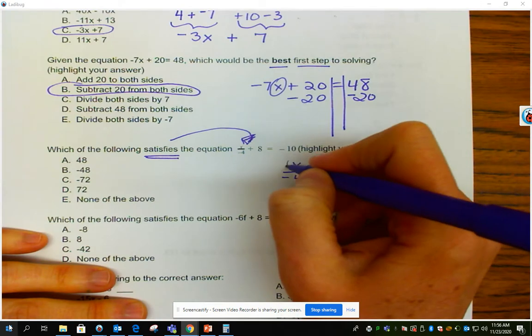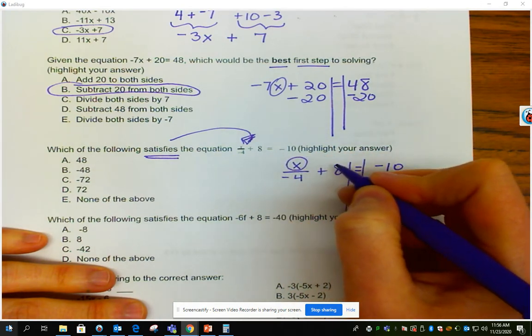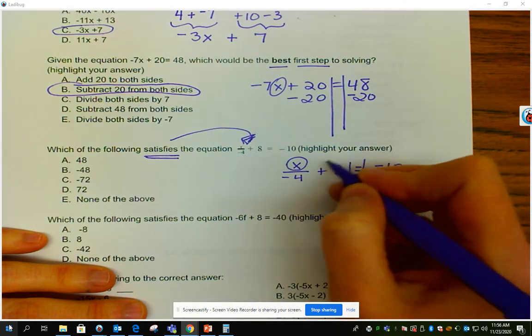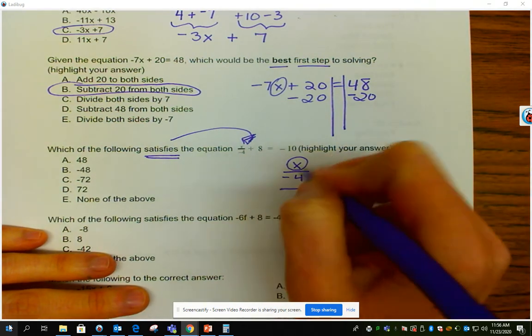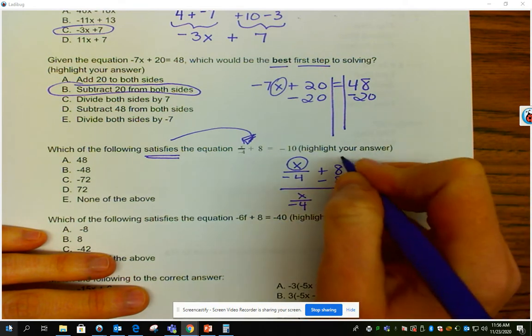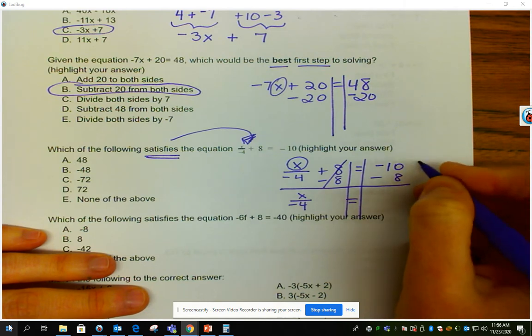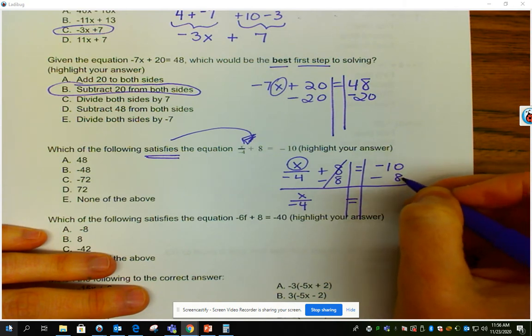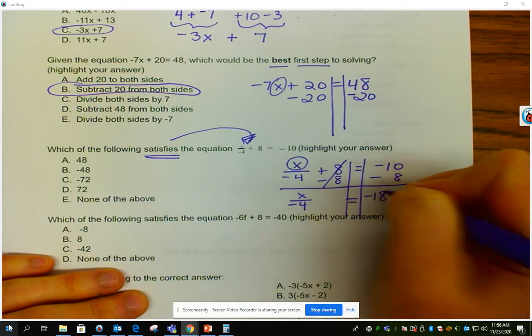Your variable is on this side of the equation, so you know you need to add or subtract away first. I would get rid of this plus 8 by subtracting 8. So x divided by negative 4 would come down. The 8's would cancel. And then negative 10 minus 8, you could think of it as negative 10 plus negative 8. Either way, it would give you negative 18.